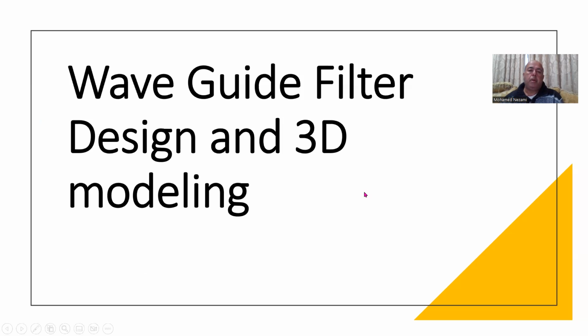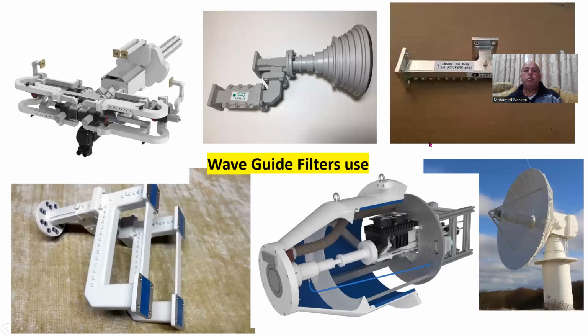So, like I said, we are going to talk about waveguide filter designs and 3D modeling of those filters today. Waveguide filters have a variety of uses. At any time you inspect any antenna feed system, you will very much stumble onto waveguide filters.